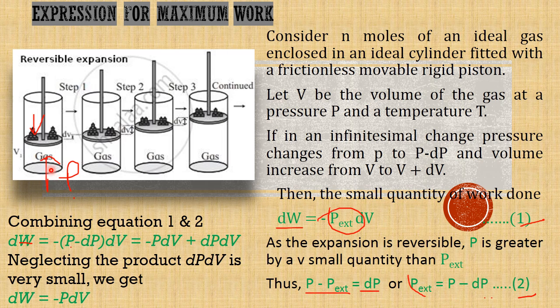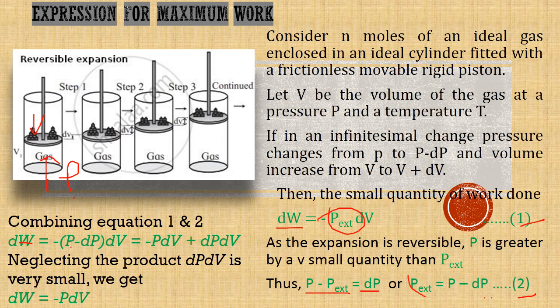During each step, the external pressure Pext is made infinitesimally smaller than the pressure P of the gas with a gradual removal of masses from the piston. If you decrease the mass on the piston, then the gas expands, and each time P would decrease.